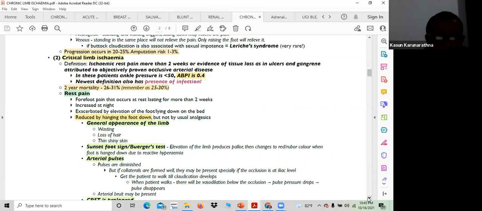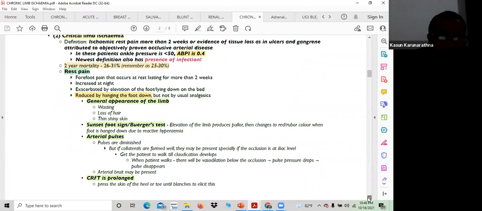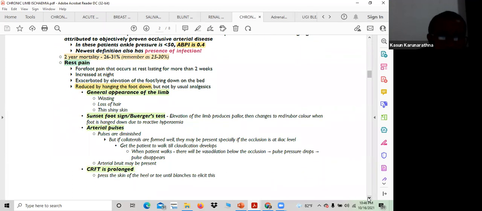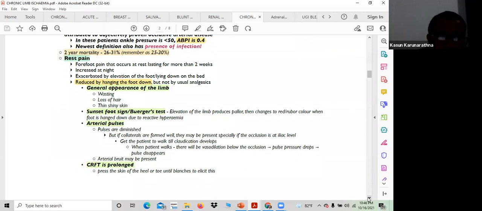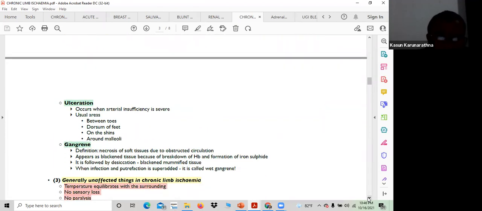So you get more pain at night, exacerbated by elevation of the foot, relieved by hanging the leg down, foot down. It usually doesn't respond to normal oral analgesics, right? That's your critical limb ischemia rest pain.